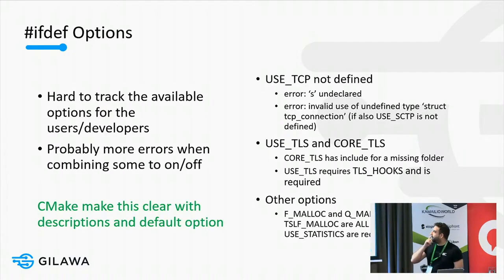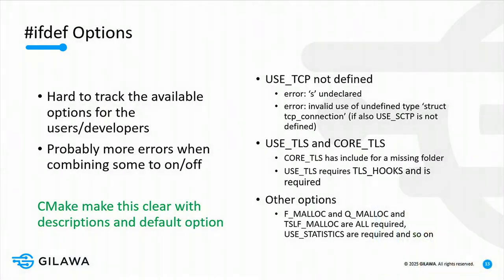And let's see a bit more about the dev options. As I said, it was hard to track from the Makefiles and even from the available documentation online what features users can choose to turn on or off. And of course, the combination of on and off may produce some other unexpected breakage.